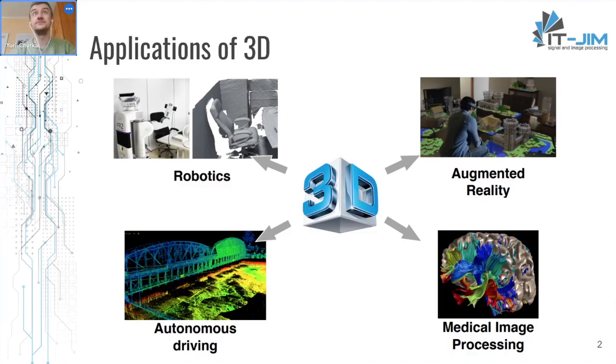And when we talk about medical image processing, usually it's better to work with three-dimensional data because the nature of data is volumetric, and therefore it's better to process medical images as three-dimensional data.